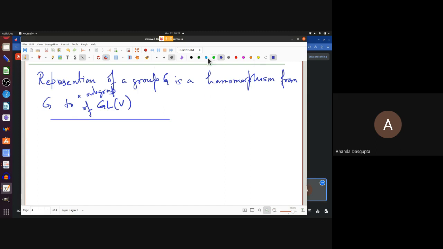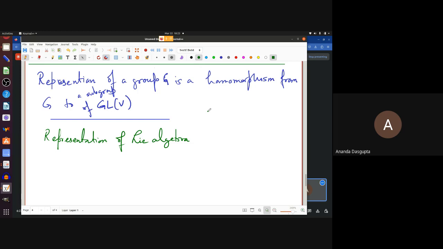So, by analogy with this, what would a representation of a Lie algebra be? Now, what is a Lie algebra at its heart?